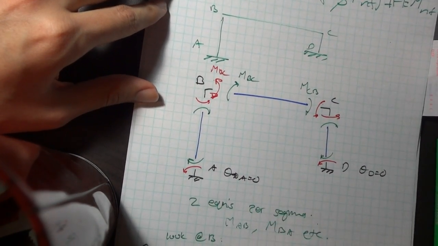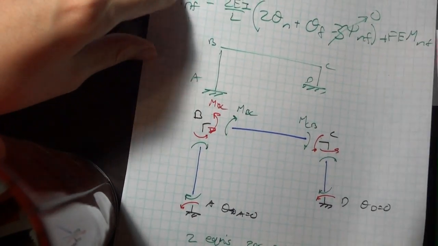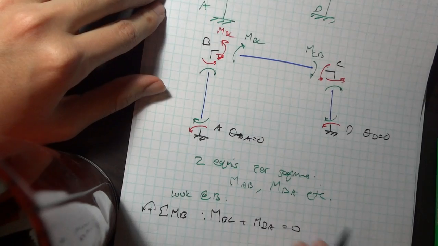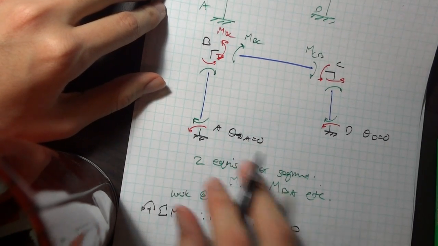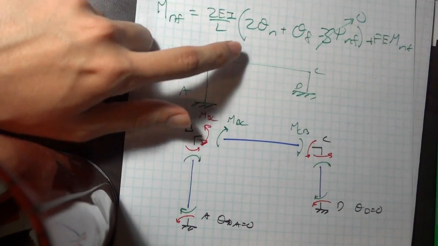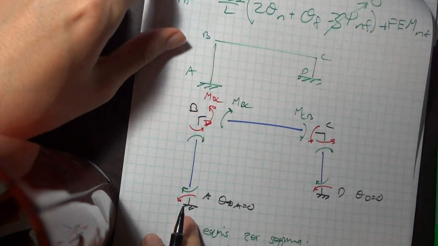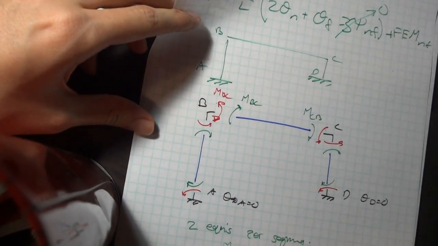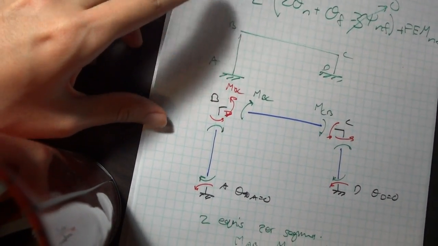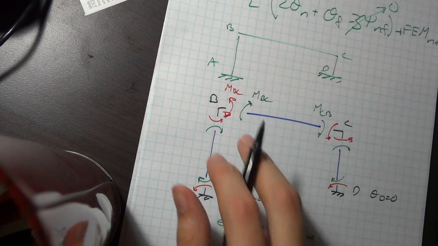So once you've written out all your equations, you can go back and look at your systems. Theta A would appear in my MAB equation, but theta A would be 0 because it's a cantilever at that point, so I would ignore it. In that equation I would only have my theta B unknown.